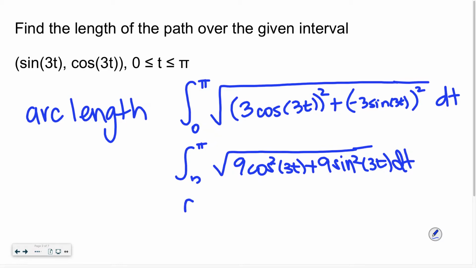So really, that's just radical 9? Cosine squared of 3t plus sine squared of 3t is 1, just like cosine squared of 5 billion plus sine squared of 5 billion is 1. Where's the 9 go? The 9 is under the radical, so it's 3.